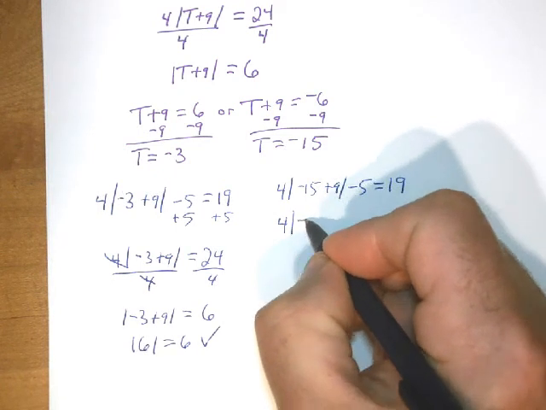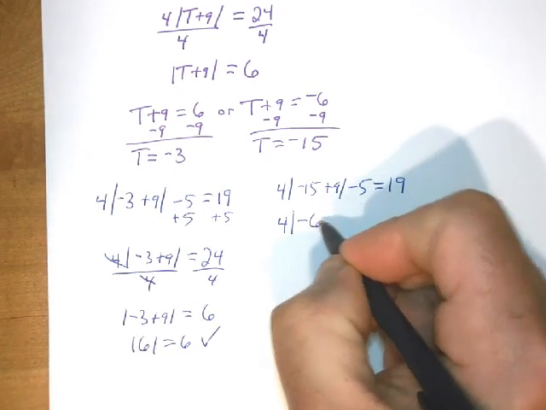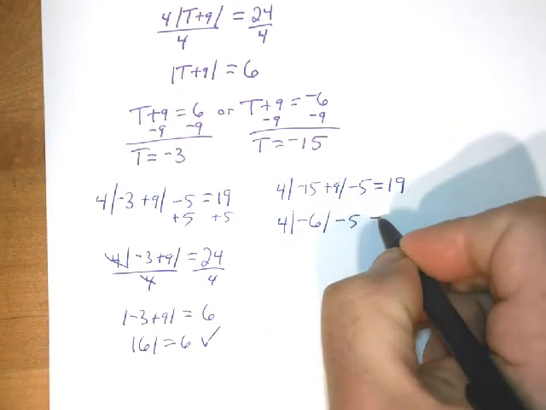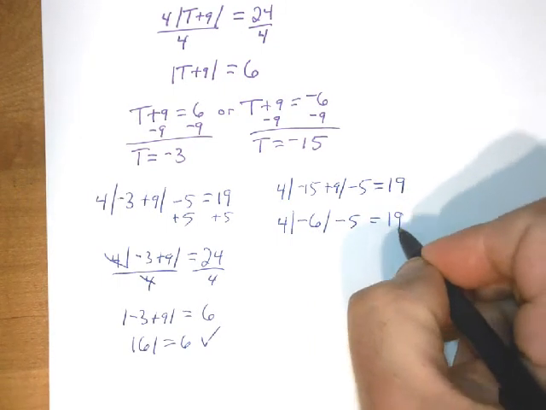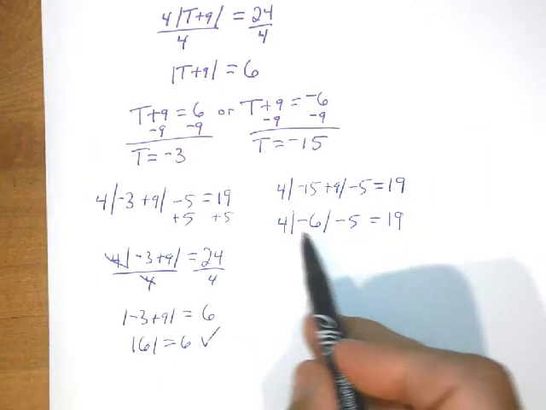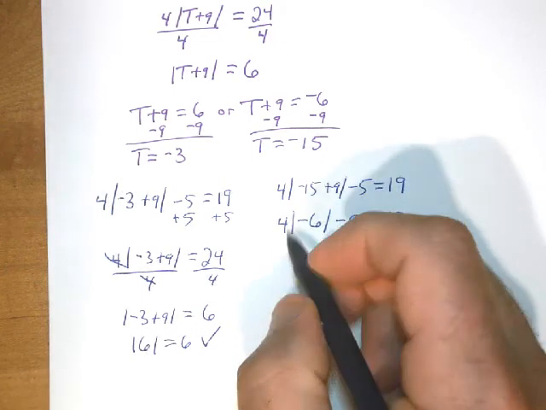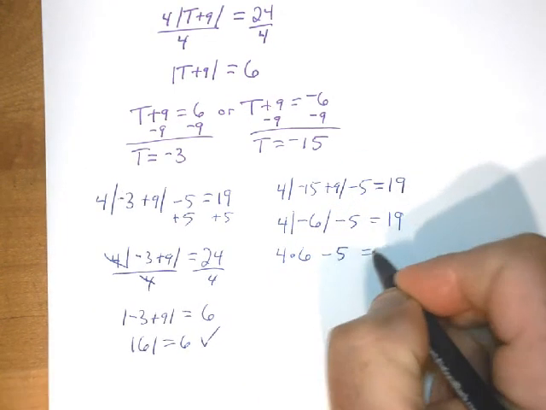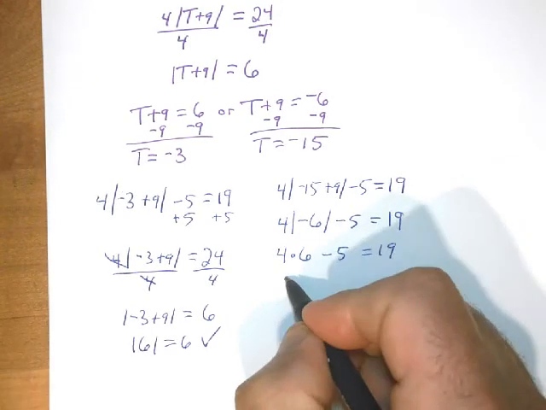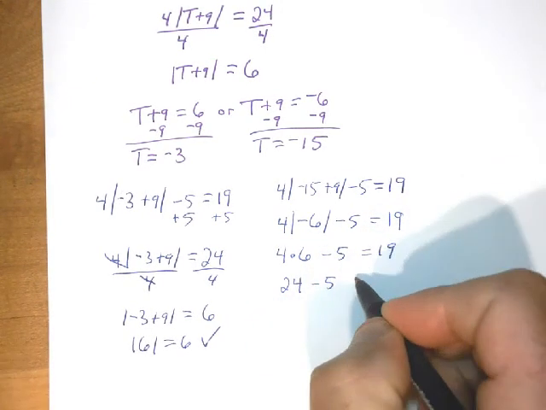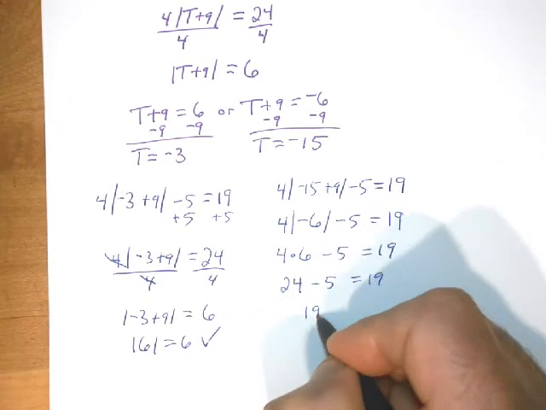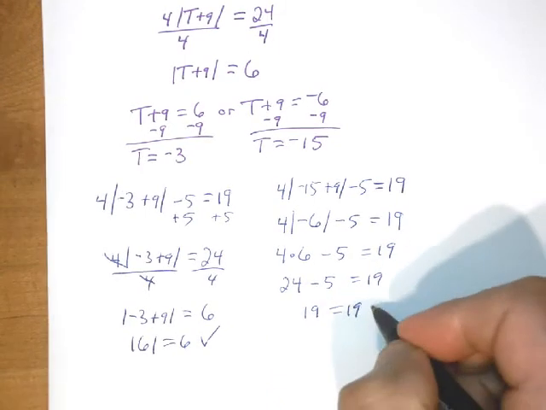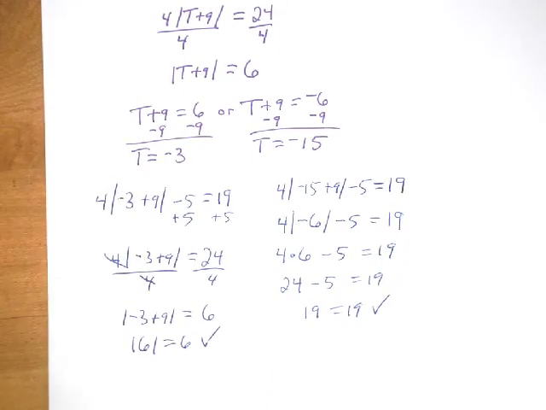So 4 absolute value, this comes out to a 6, excuse me. Minus 5 more equals 19. Then you could take care of your absolute values here. So this is going to turn out to be 4 times 6 minus 5. And then we clean it up one more time. 24 minus 5 equals 19. And 19 equals 19.